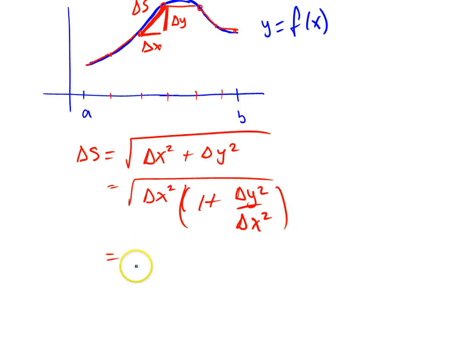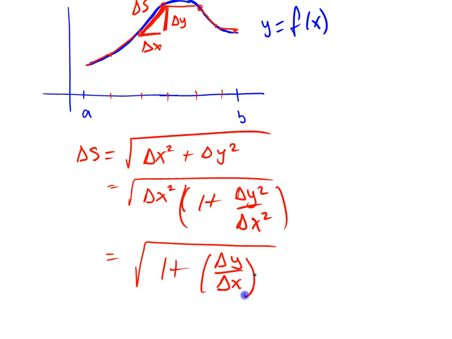So this looks like the square root of 1 plus, and then this I can write as a fraction, delta y divided by delta x, squared, times delta x. So this came out of the square root to be that. And this is just how we multiply fractions. You multiply the numerators together to get that, and you multiply the denominators together to get this.